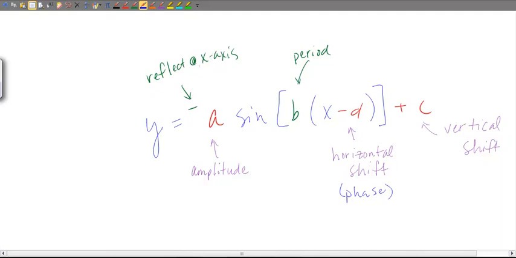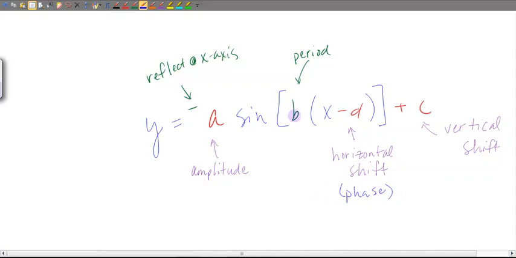We also have a shift inside of the parentheses with the variable x. We call this a horizontal shift. In trig, we call these phase shifts. So a phase shift is technically a horizontal shift left or right.